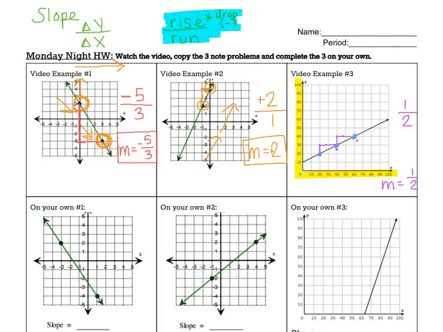That seems to work, and we can keep going. Rise 1, run 2. There's a perfect intersection. Rise 1, run 2. Another one. So that can definitely help us double check, just make sure we did our work correct. And again, this is a positive slope because our line is moving upwards.